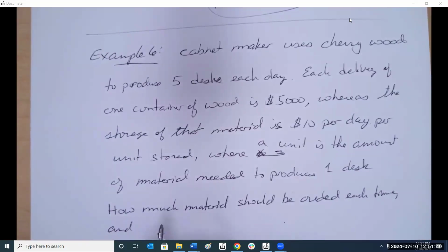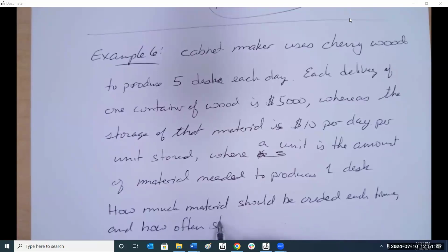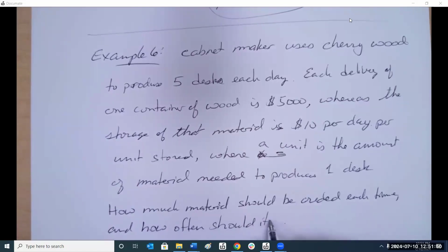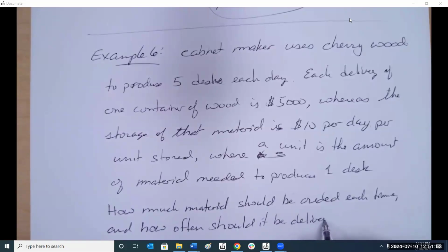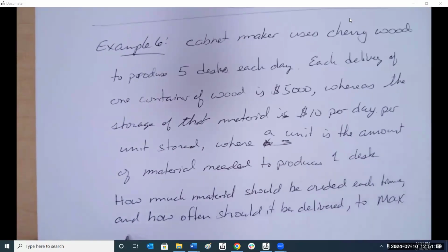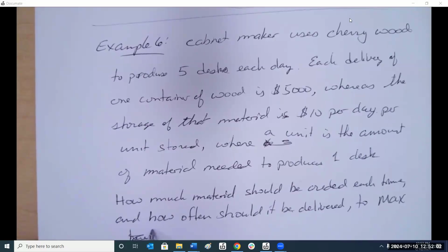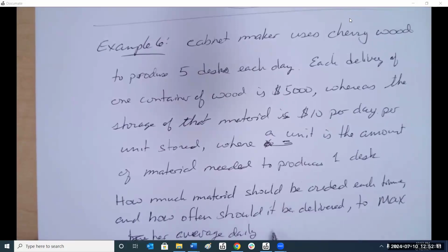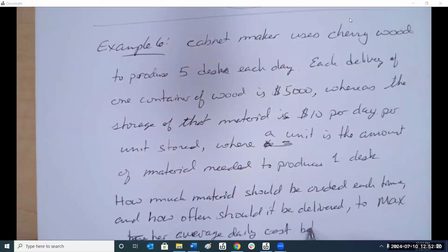And how often should it be delivered to maximize her average daily cost between deliveries?